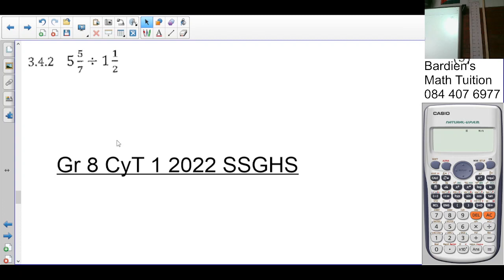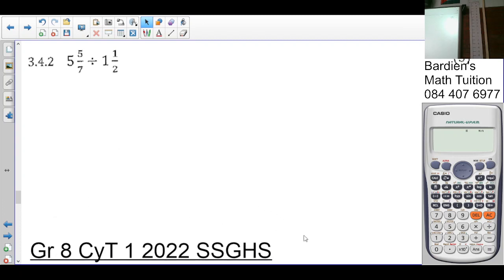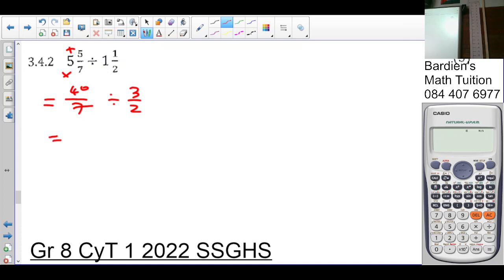Let's go to 3.4.2. So what do we do first? Let's convert this to an improper fraction. You multiply and add. So it's 40 over 7 divided by 3 over 2. So what do I do here? Flip and multiply.